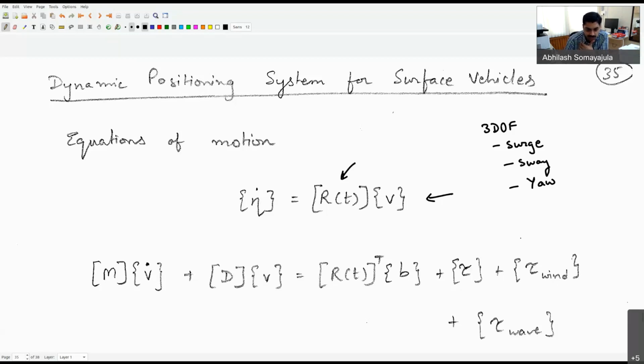Our equations of motion are given by the mass times the acceleration vector plus the damping times the velocity vector, equal to the rotation matrix transpose times b, where b is this bias vector. We have seen this before when we formulated the system equations for the dynamic positioning system, where b takes care of all the slowly varying drift forces that we are going to experience.